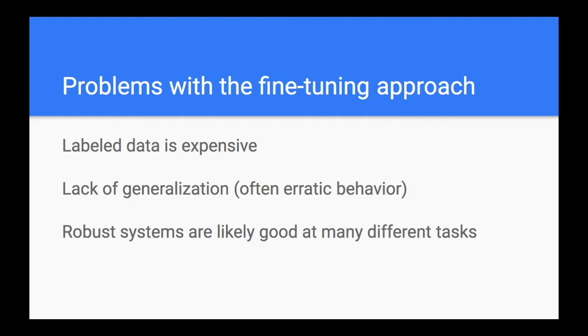But those labeled data can only be used to let the machine perform a very particular task. When you need to do another task, even if it's slightly different, the machine cannot do that at all. You need to restart the whole process again, which is very time consuming and expensive.